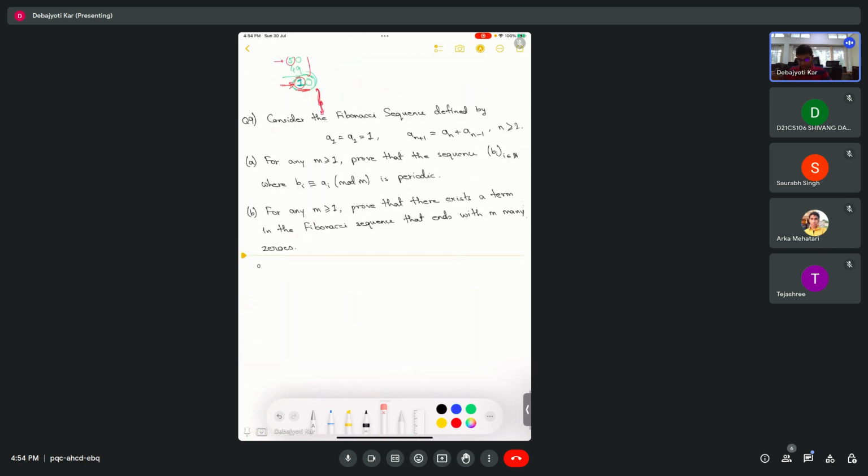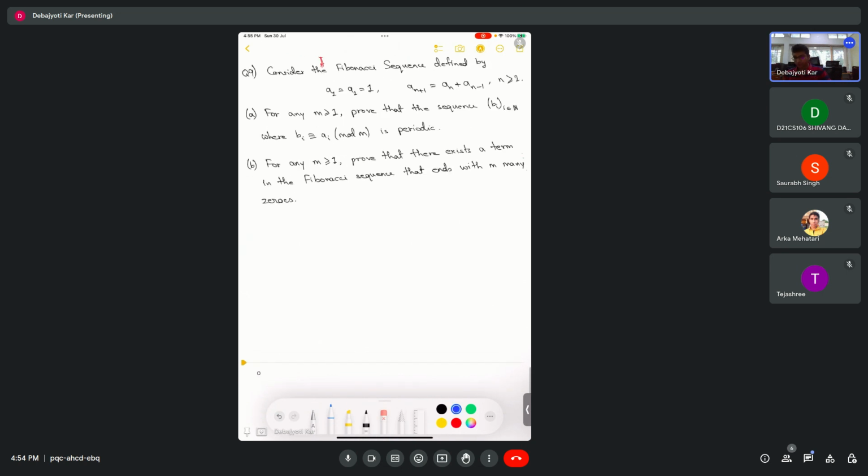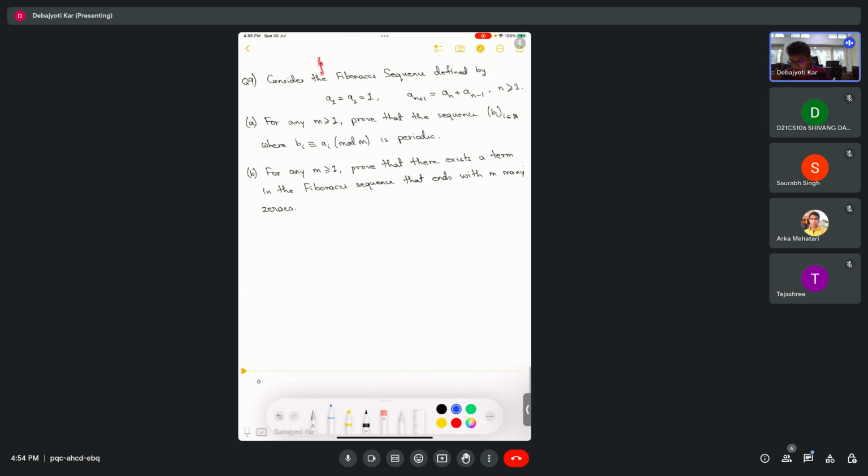Okay, so now let's look at the last question. Here we consider the Fibonacci sequence. I think most of you must be familiar with it.